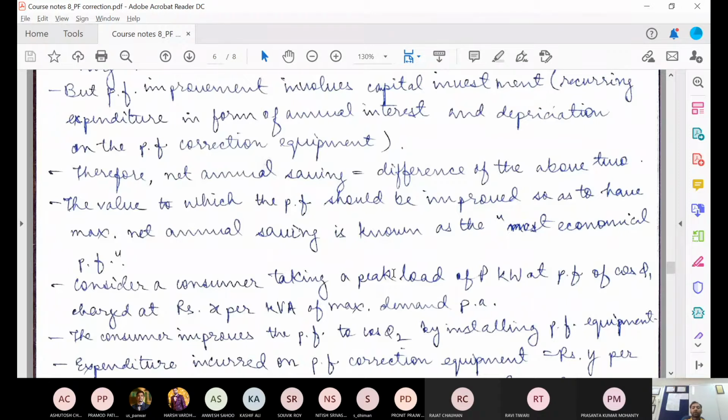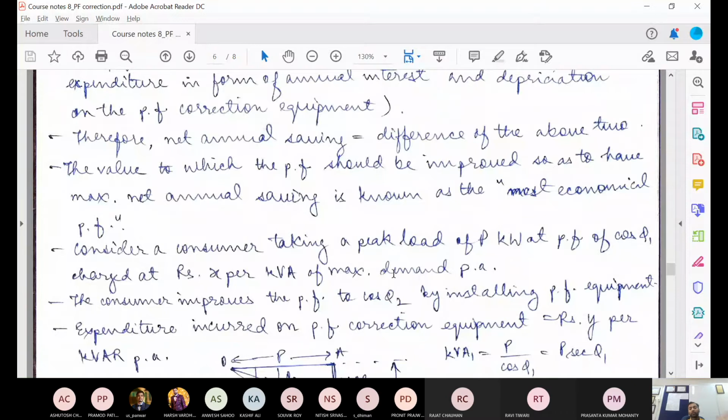And on the other side, if you want to invest in the power factor correction equipment, then let's say the consumer improves the power factor to cos phi 2. So the initial was cos phi 1, which was having a lower value, and now you improved it to cos phi 2 by installing some power factor correction equipment.